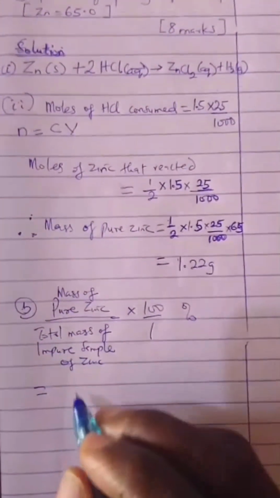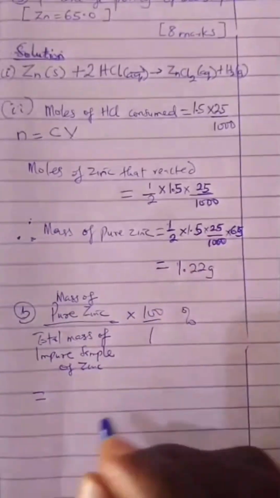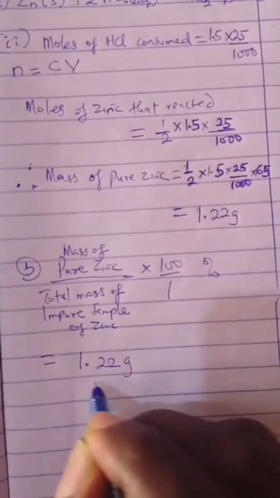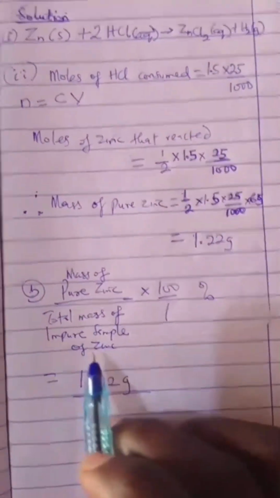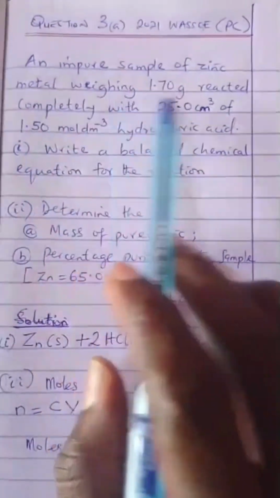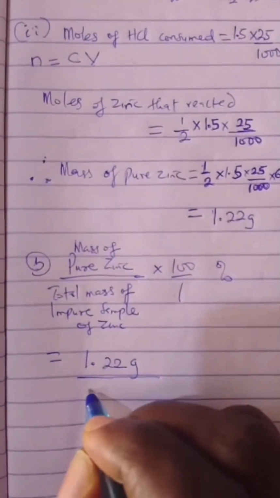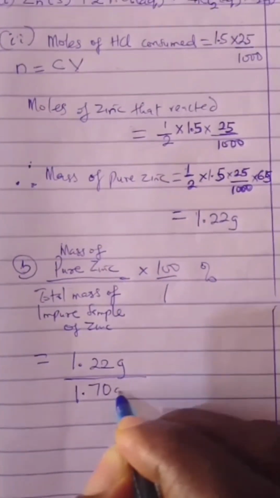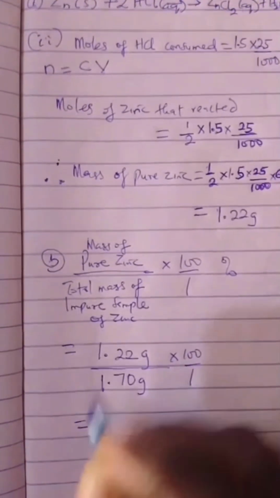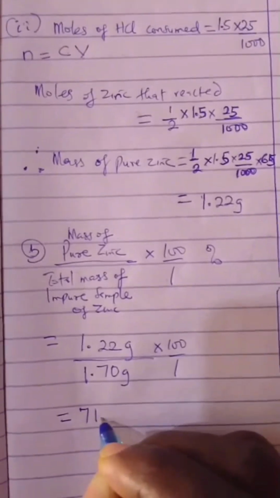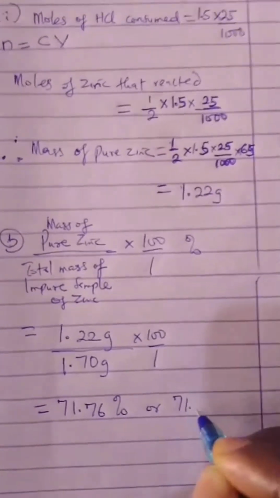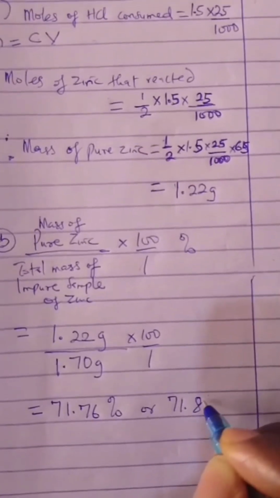Now the mass of pure zinc we've calculated from the previous step is 1.22 grams. And we're given the mass of the impure sample of zinc in the question: an impure sample of zinc metal weighing 1.70 grams. Then expressed as a percentage, if you put that into your calculator, you're going to get roughly 71.76%, or you could say 71.8% if you're taking it to one decimal place.